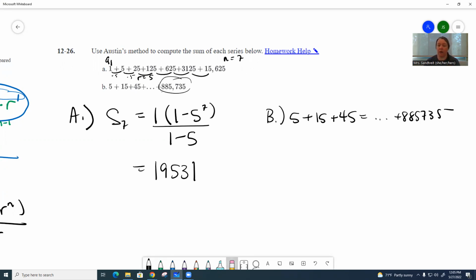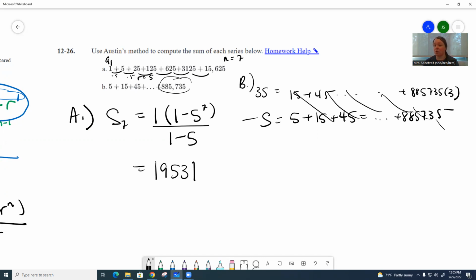Okay, so we said that our multiplier was 3. So then I would figure out what 3s is. And you might be getting to the point where you ask, do I really have to write this all out? I know that these are all going to be the same. And what I really care about is just that this last term is getting multiplied by 3, because when I subtract, everything else goes away.